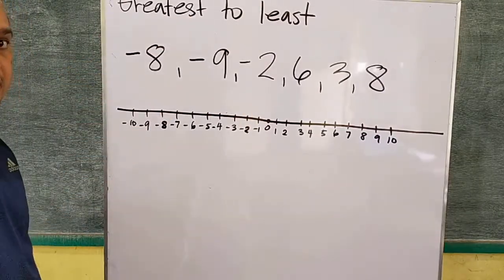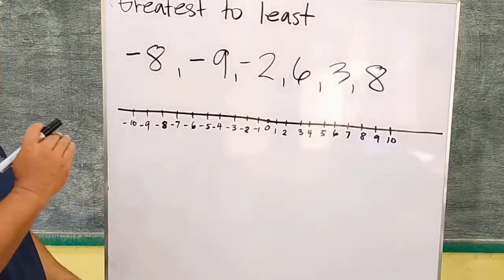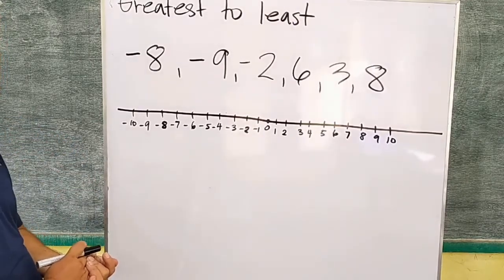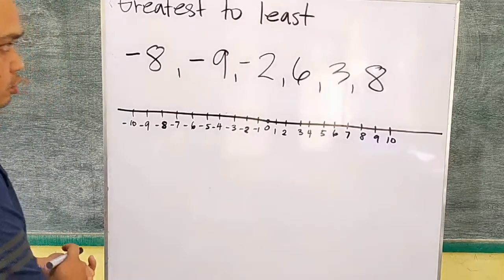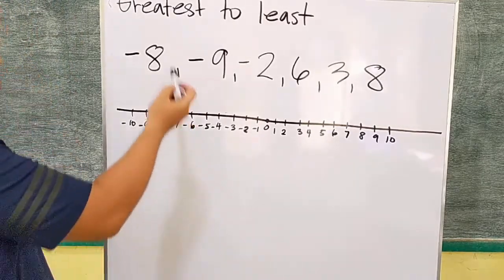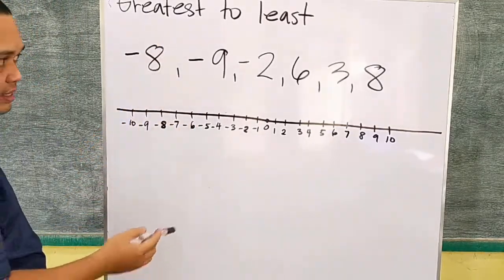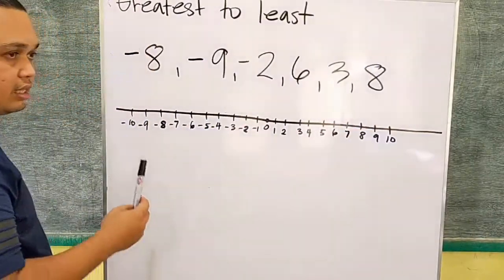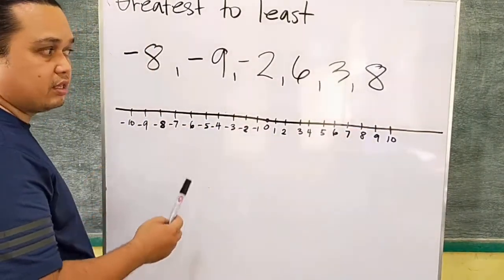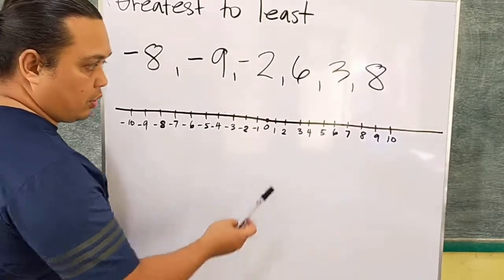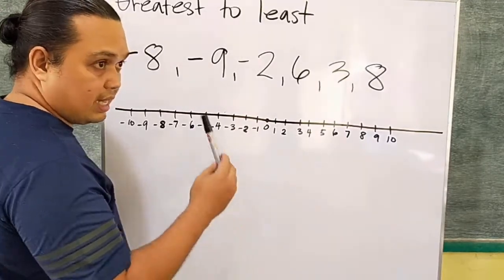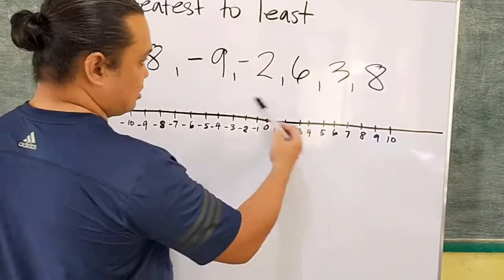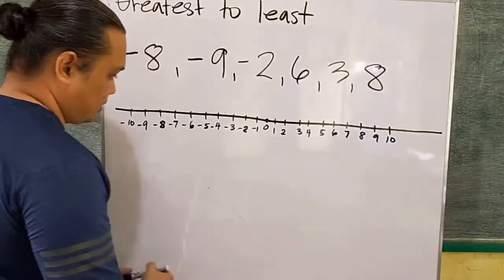To arrange them, we have to find the number that is the farthest to the right of 0, and that number will be the greatest. And that is positive 8.